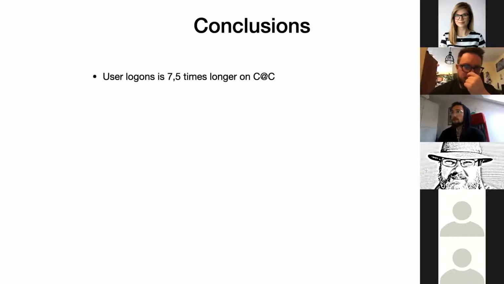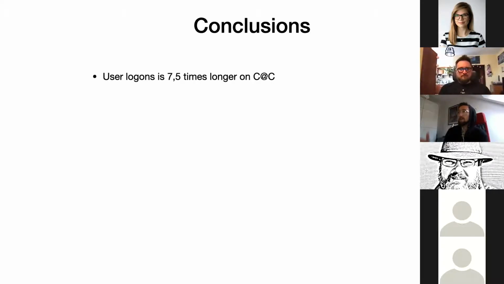So conclusions: user logons are 7.5 times longer, and they take longer on CC side. That was something strange, because basically, as you could see, it was connected with more time spent on row lock contention on CC side than on X3 side.